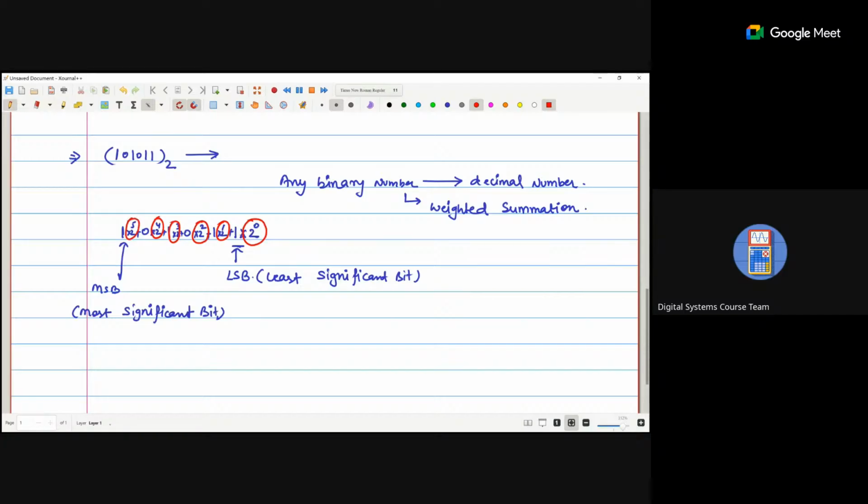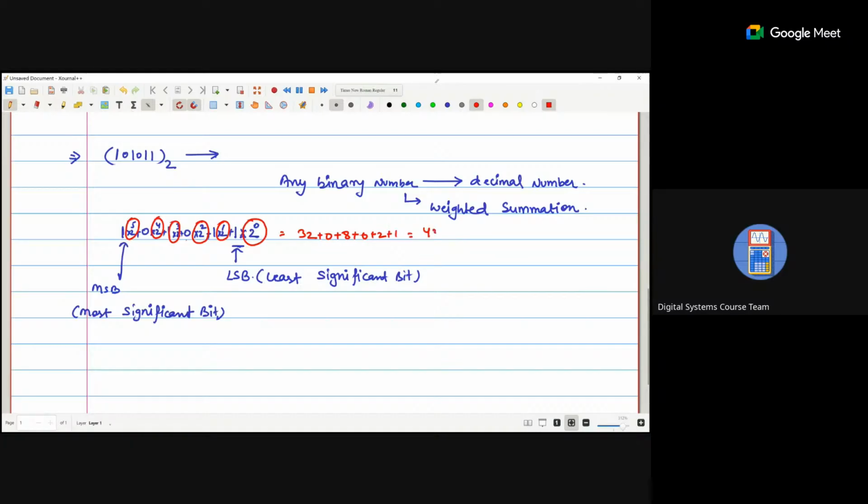Now the weighted summation: 2 raised to power 5 is 32 multiplied by 1, that is 32. 2 raised to power 4 multiplied by 0 is 0. 2 raised to power 3 multiplied by 1 is 8. 2 raised to 2 multiplied by 0 is 0. 2 raised to power 1 multiplied by 1 is 2, and 2 raised to power 0 multiplied by 1 is 1.